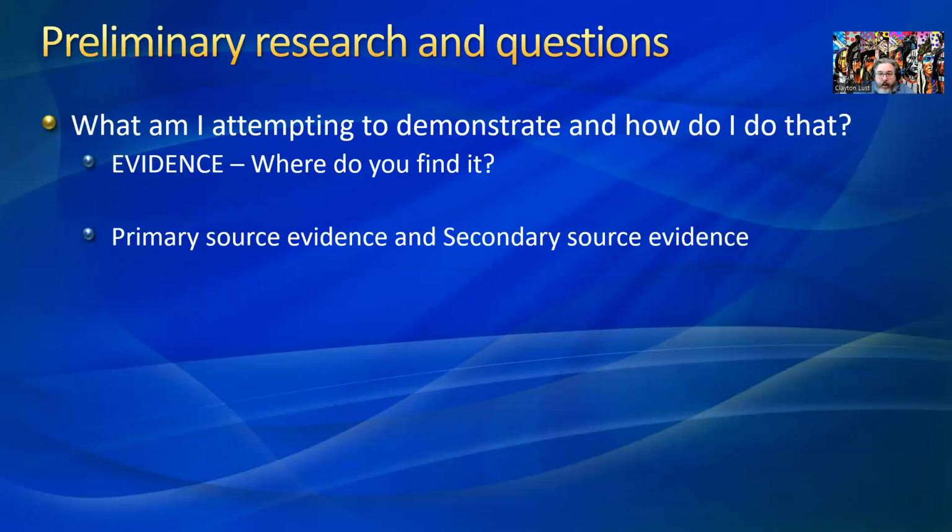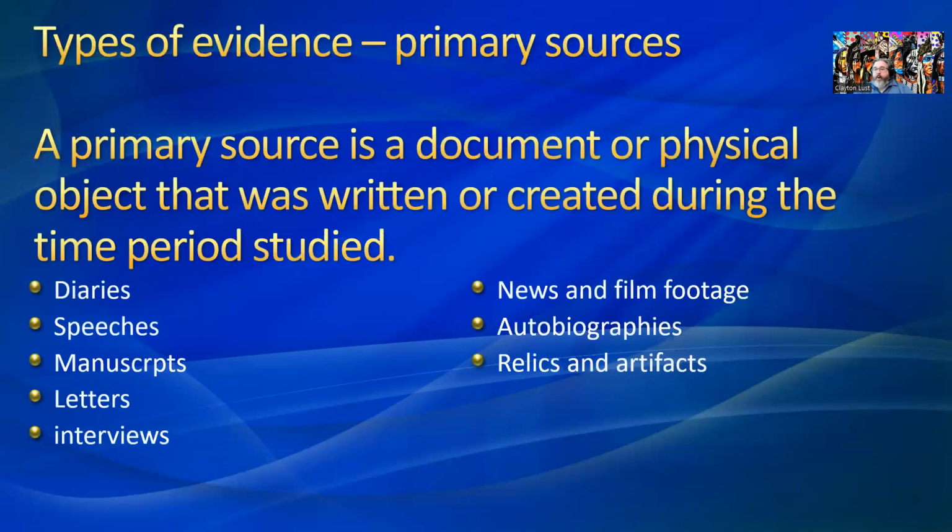And the two types of evidence are primary source evidence and secondary source evidence. A primary source, very simply, is a document or a physical object that was written or created during the time period studied. And there are a bunch of examples on the screen here about primary sources.